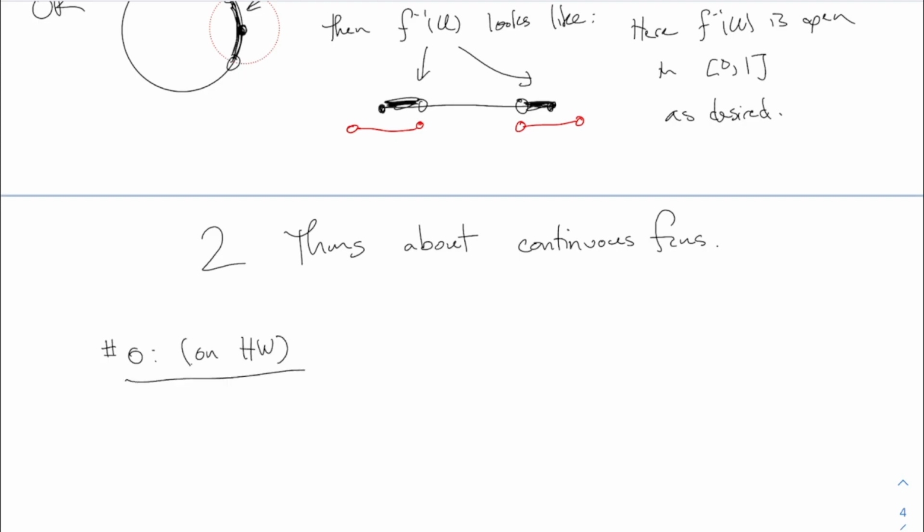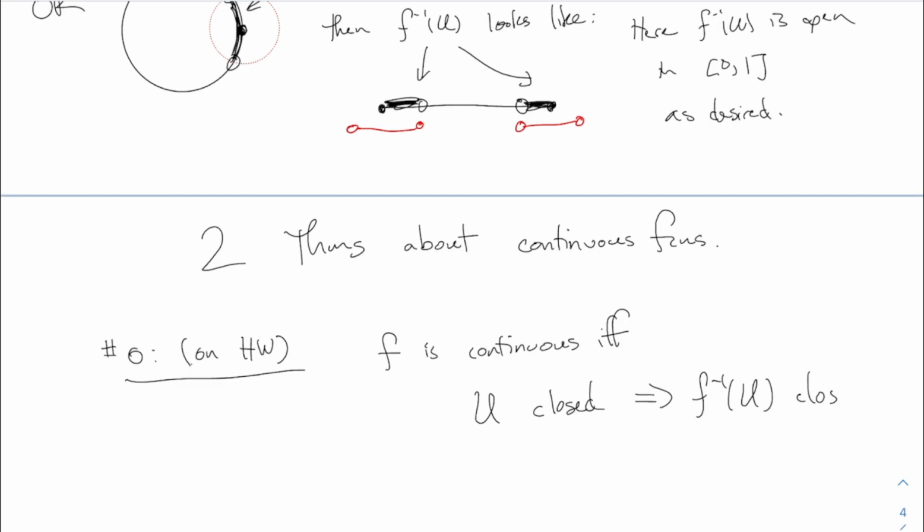It says f is continuous if and only if U closed implies f inverse of U is closed. It turns out in some cases it is more convenient to work with closed sets rather than open sets. And it turns out the definition of continuity, which usually we write in terms of open sets, is actually the same if you consider closed sets.